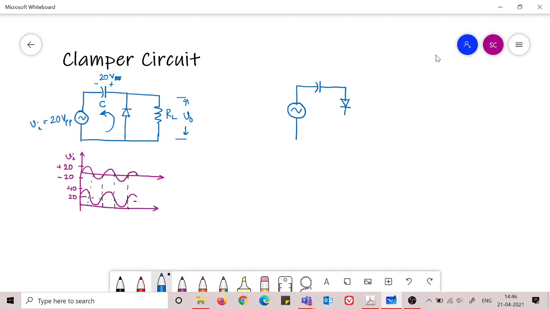One has to do the analysis very carefully in these cases. Please keep that in mind. Don't hurry, don't worry. Just keep doing things step by step and you will be able to get the right answer.